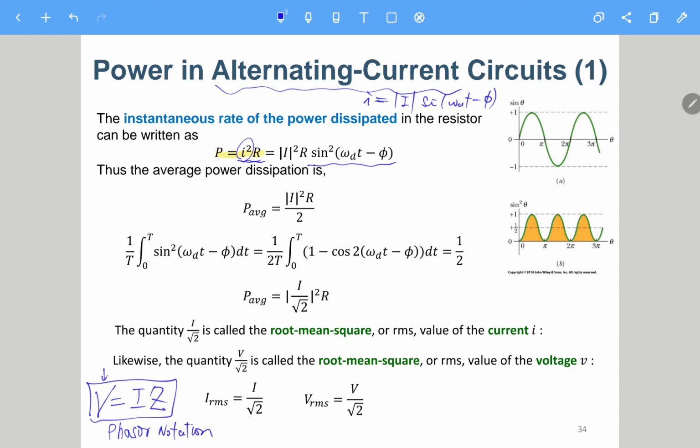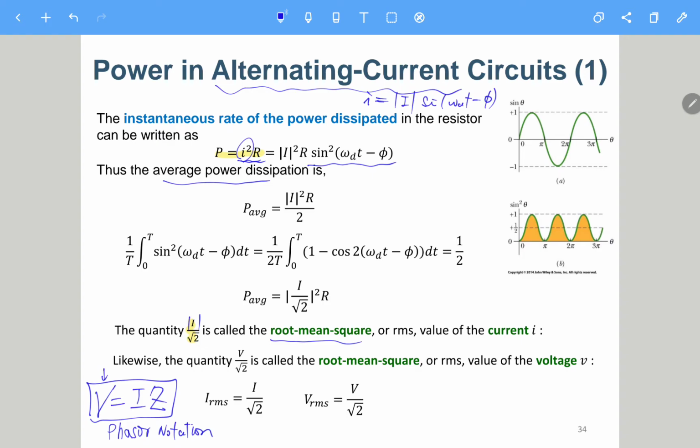Okay, so in this case, we will talk about the average power, which is related to the root mean square value, shown here: the absolute value of I over square root of 2 is called the root mean square value.